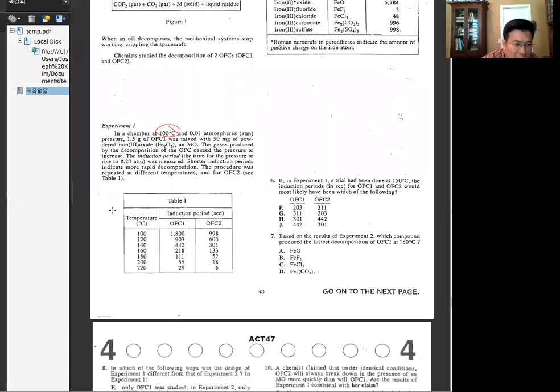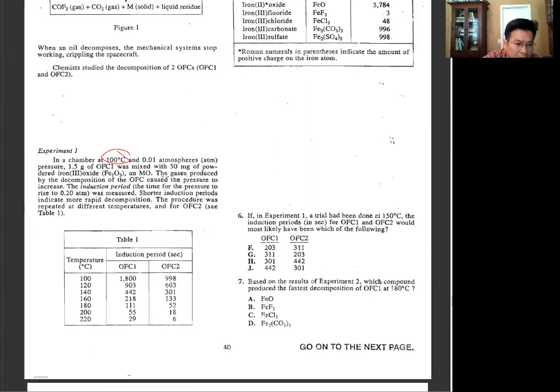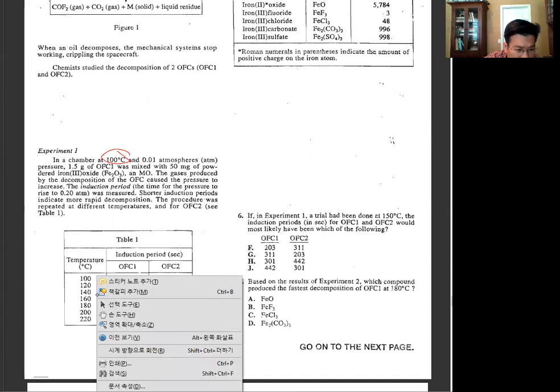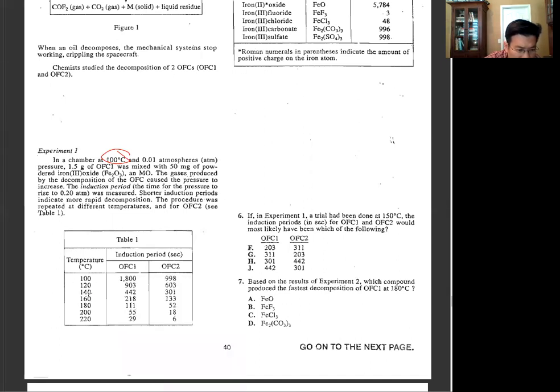The temperature right now is around between this one. So OFC1 has to be between these two, which is around 300, and then between these two, around 2-something. So maybe G is the answer for this one.